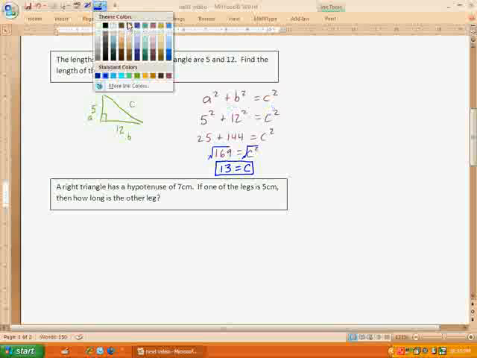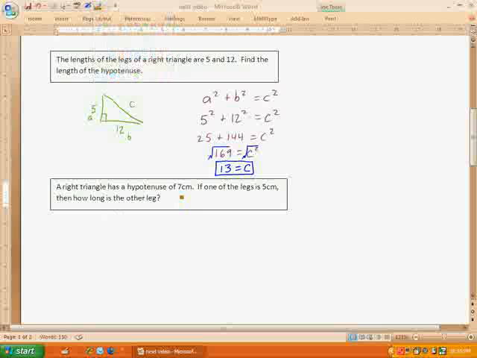Okay, so this one says a right triangle has a hypotenuse of 7 centimeters. If one of the legs is 5 centimeters, then how long is the other leg? So we'll draw our right triangle. Okay, now it tells me the hypotenuse is 7. Now the hypotenuse is C, right? That's the longest side.